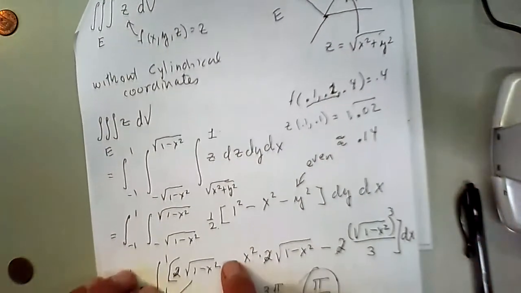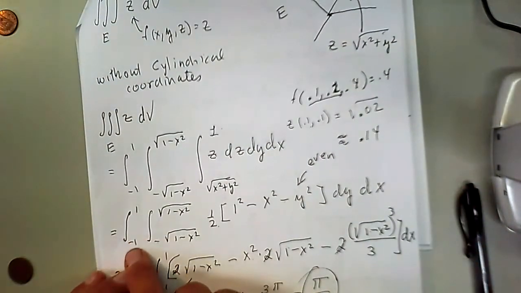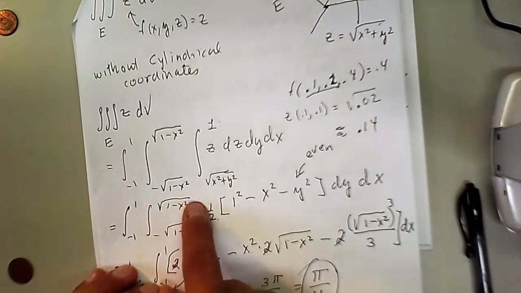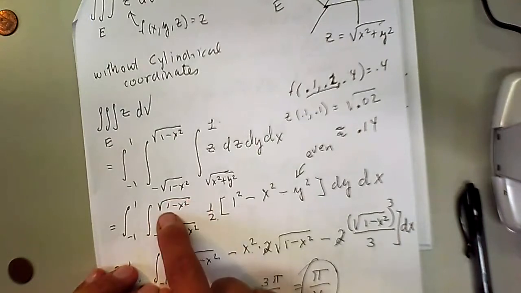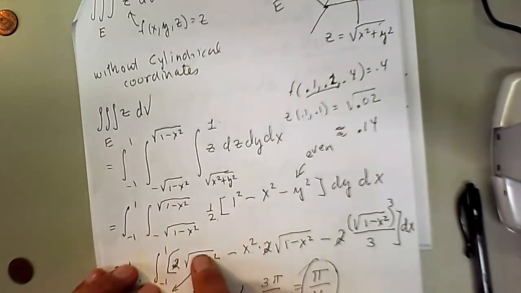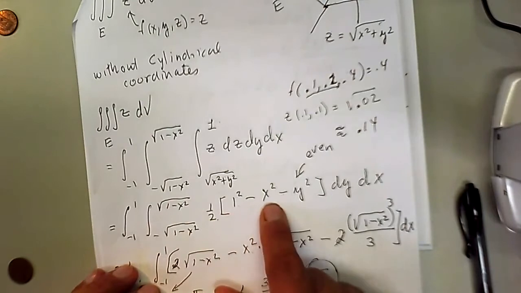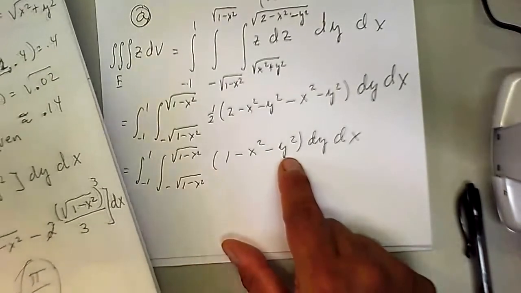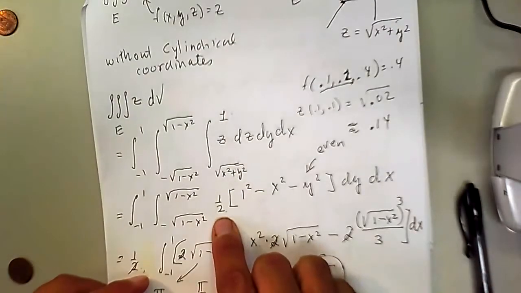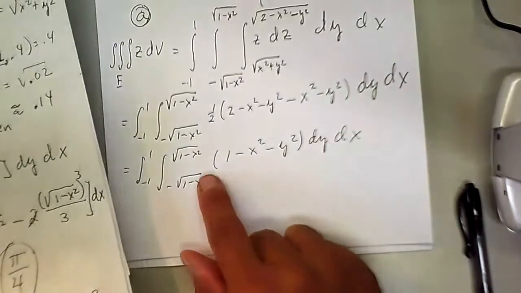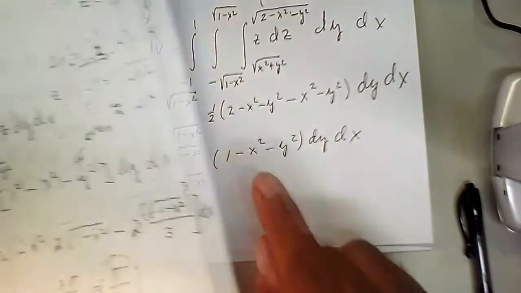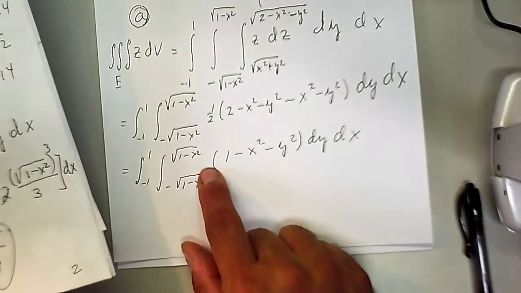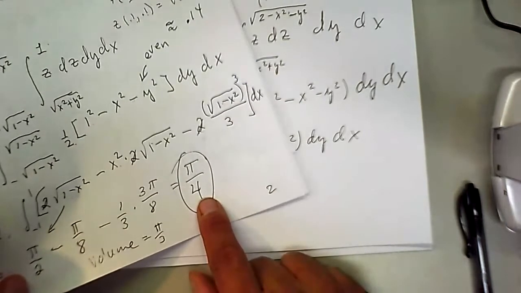And we ended up with this integral from -1 to 1, negative square root of 1 minus x squared to positive square root of 1 minus x squared. And we have the 1 minus x squared minus y squared, just like this. The difference is that here we do have the 1/2, there we don't. The answer back here was pi over 4.